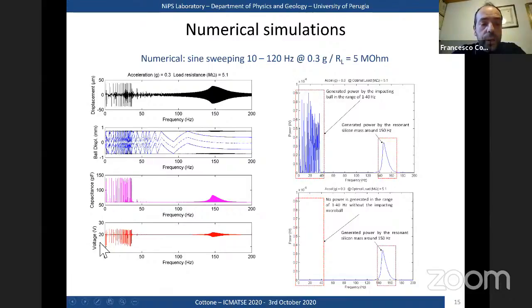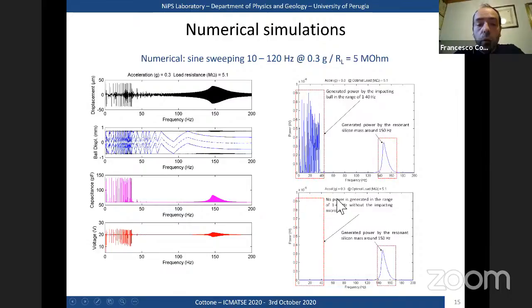Here is the vibration of the capacitance and the variation of the generated voltage. As you can see, the simulated results with the microball hitting inside the cavity or without are very clear. We have a peak due to the natural frequency of the seismic mass, and then a lot of energy generated by the impacting microball at frequencies from 0.12 hertz up to 40 hertz, which we don't have without the impacting microball.